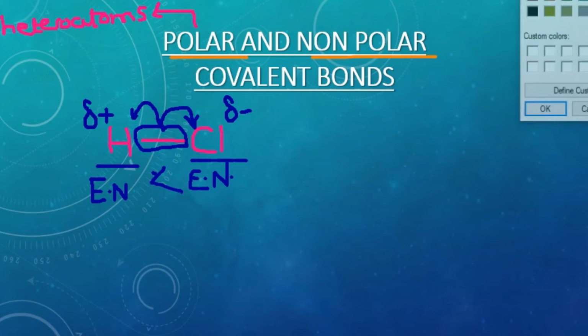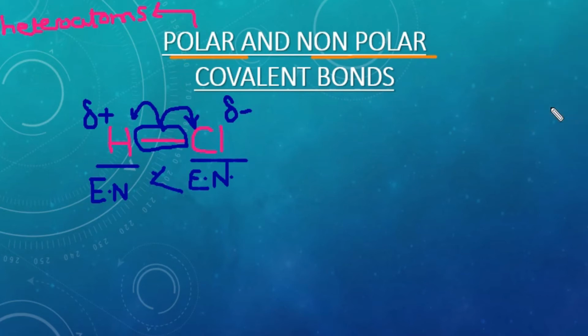So, how can you tell which atom is more electronegative and which is electropositive? We know that electronegativity has its trends in the periodic table. Electronegativity values increase as we move from left to right in the periodic table, while they decrease as we move from top to bottom in a group.